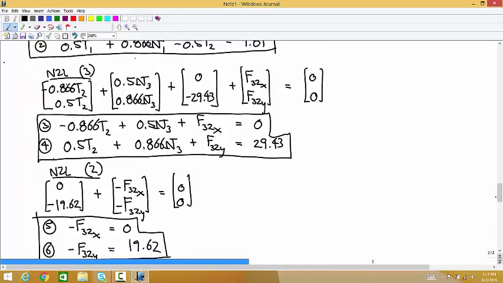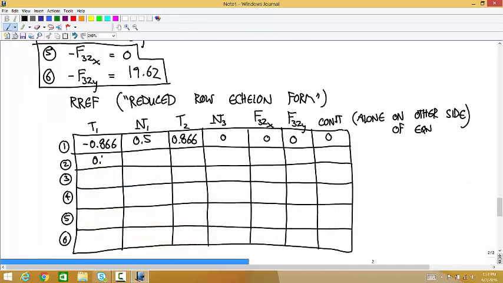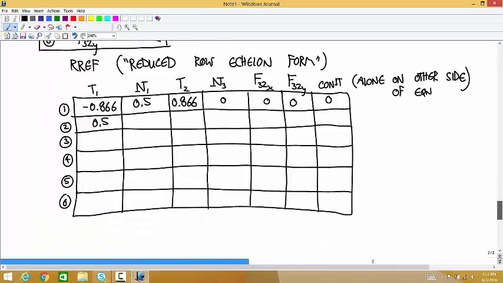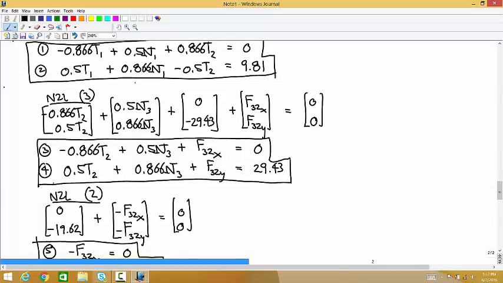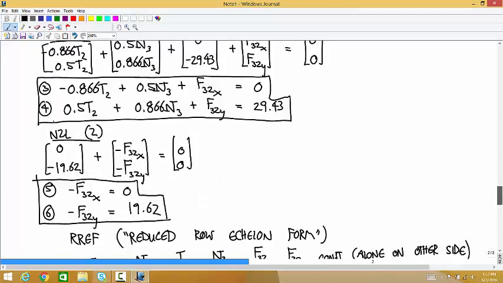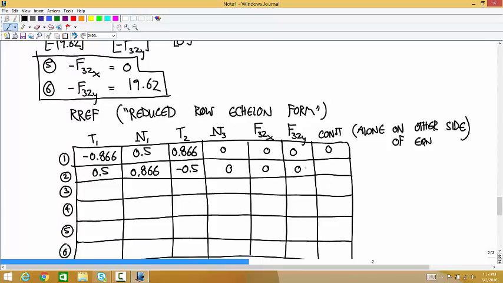Equation 2. T1s, we have 0.5. N1s, we have 0.866. T2s, we have negative 0.5. And we don't have anything else. And then the constant is positive 9.81. Any questions on how I'm filling this out?